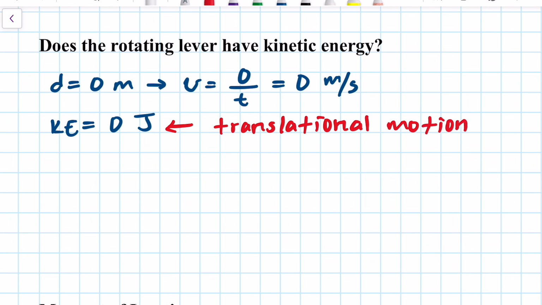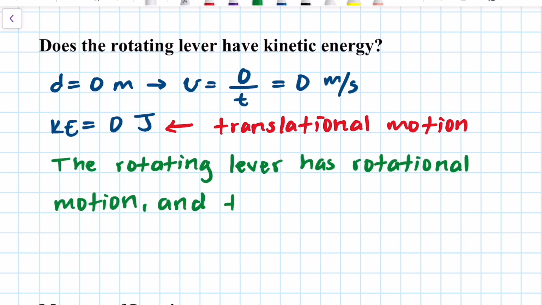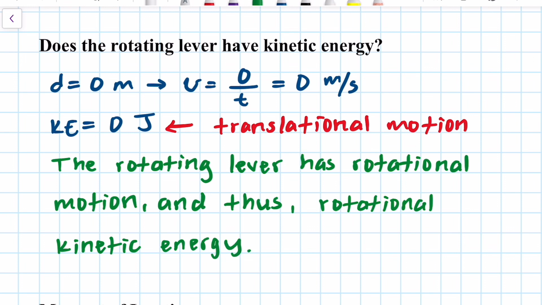What that means is that the rotating lever has rotational motion, which is, in this case, rotational kinetic energy. Let's highlight rotational kinetic energy.